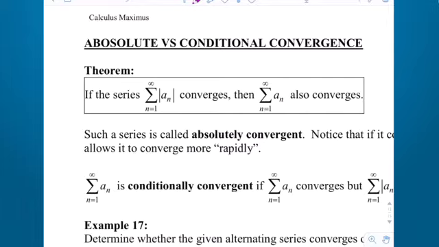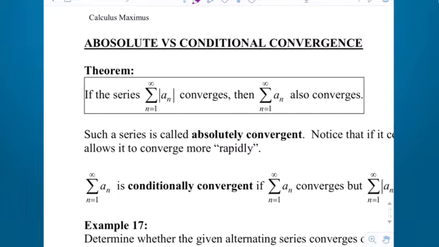So if it converges on its own without having negative terms, you add them all up and you get a finite sum, then getting rid of the absolute values is only going to possibly make the sum smaller, right? If you have any negative terms, it's only going to make the sum smaller because you're subtracting. And of course, by comparison, if something converges, then anything smaller than it will also converge.